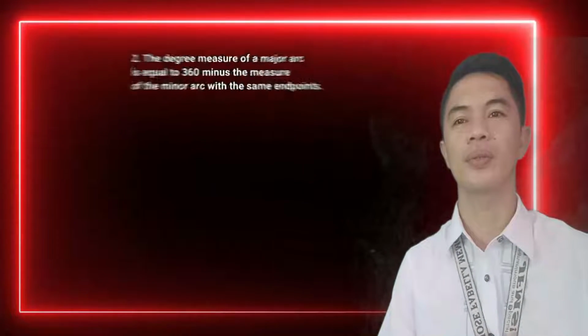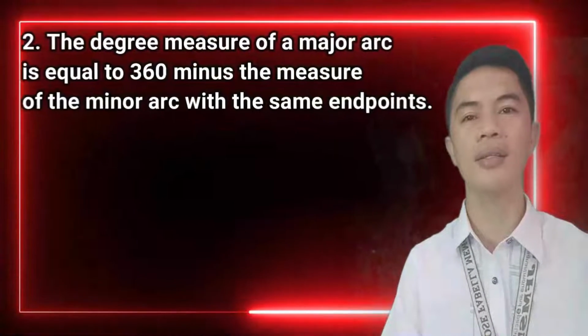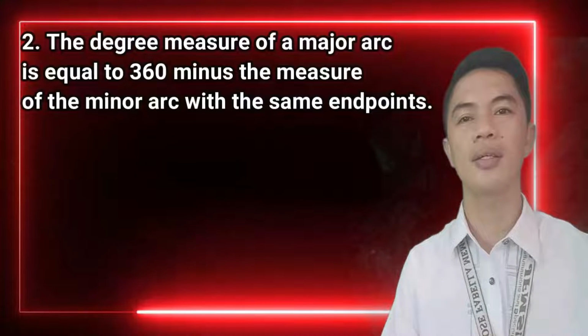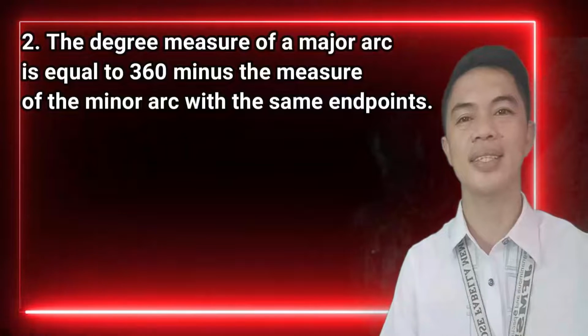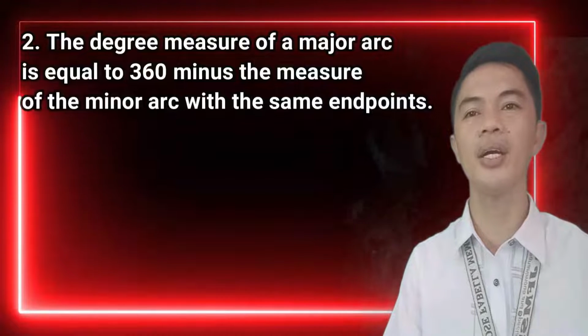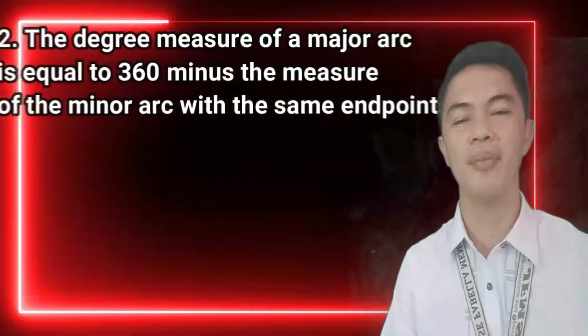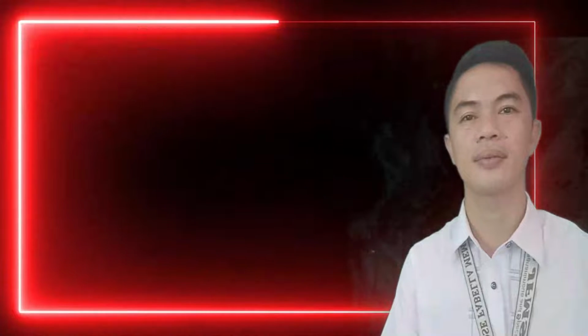Number 2. The degree measure of a major arc is equal to 360 degrees minus the measure of the minor arc with the same endpoints.